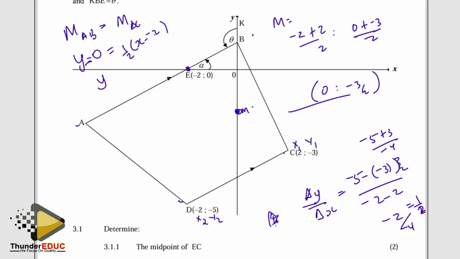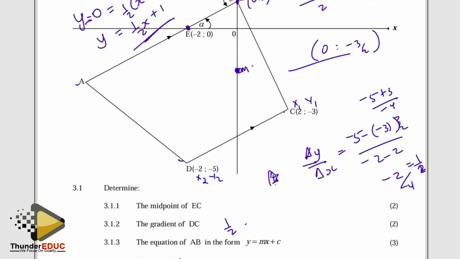So y minus 0 is y. Okay, that's going to be a half x plus 1, if I simplify that. Okay, which makes my point B to be 0 and 1, because I know that this is the y-axis and x is always 0. So that is 0 and 1.